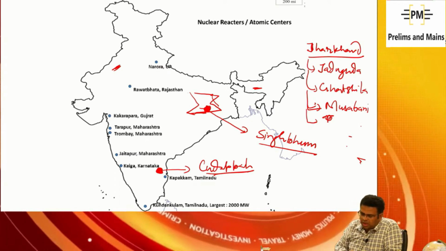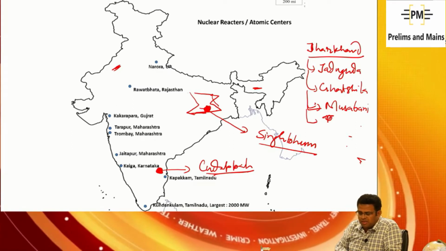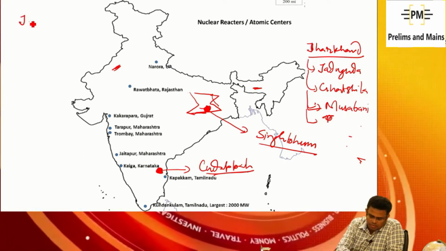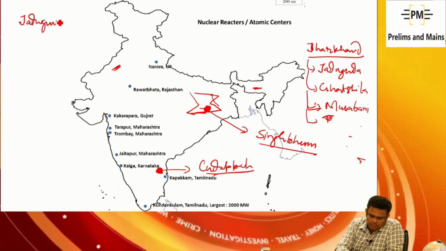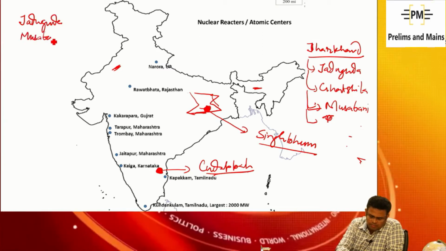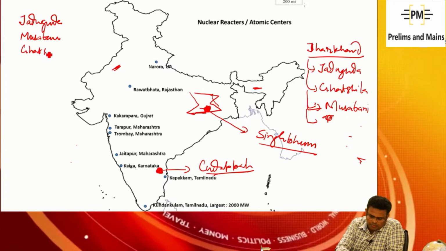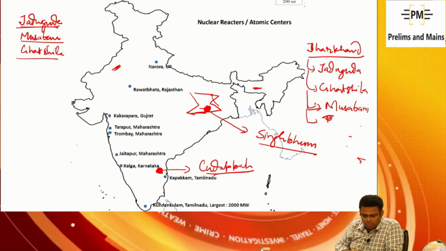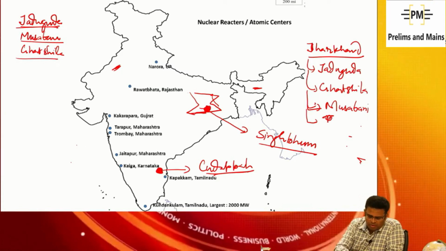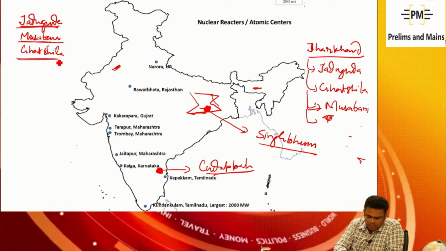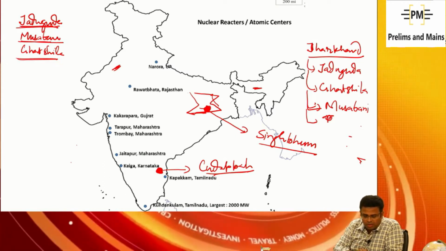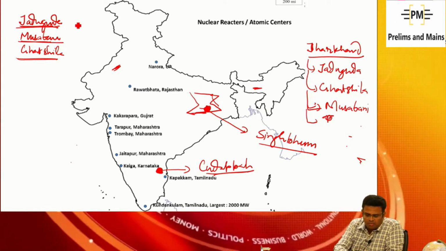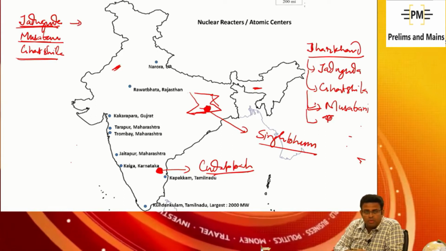Jharkhand has the famous uranium mines: Jaduguda, Ghatsila, Musabani. If you understand Hindi, you can remember them this way: Jadu means magic.